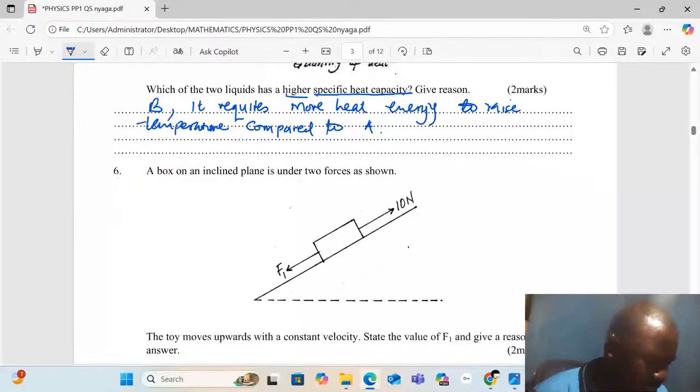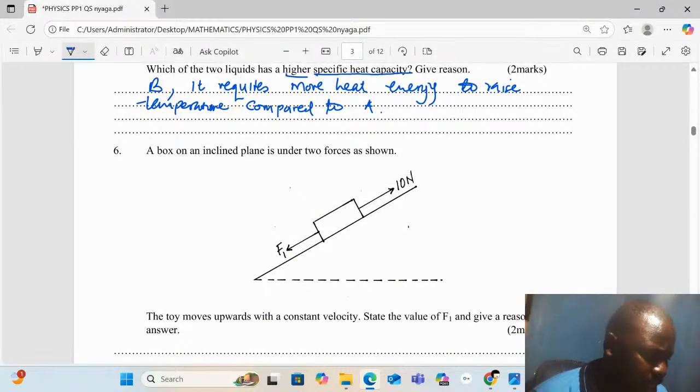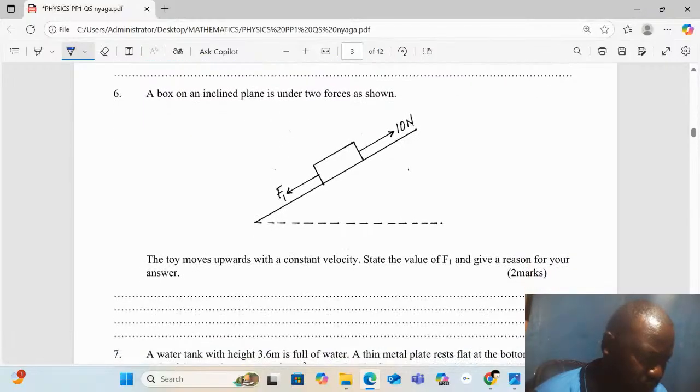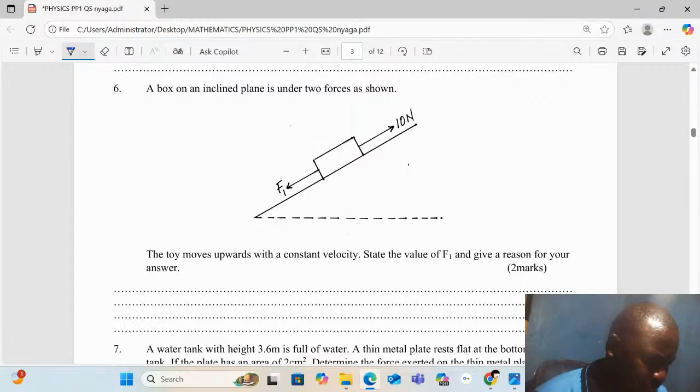We have question 6, and this one is an inclined plane under two forces as shown. Then you are asked, the toy moves upwards with a constant velocity. You must underline constant velocity. State the value of F1 and then give a reason for your answer.